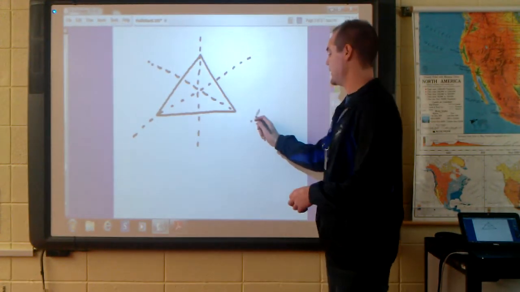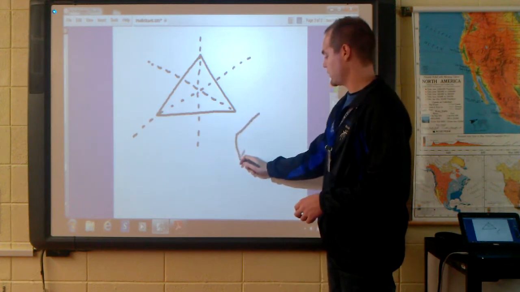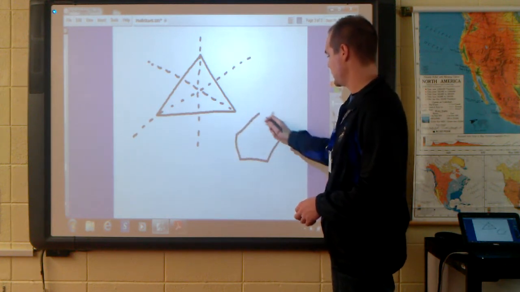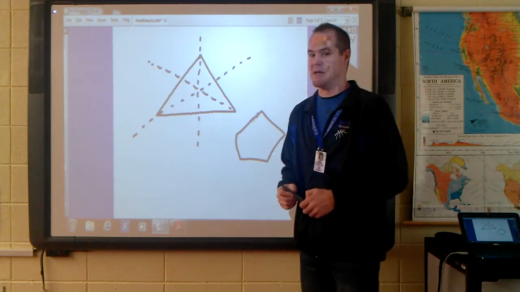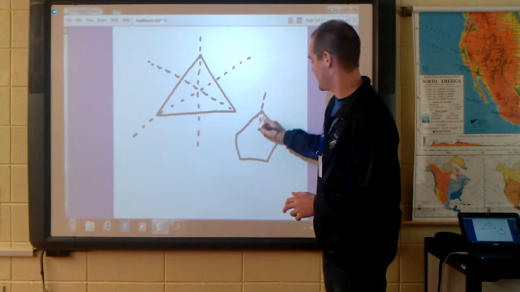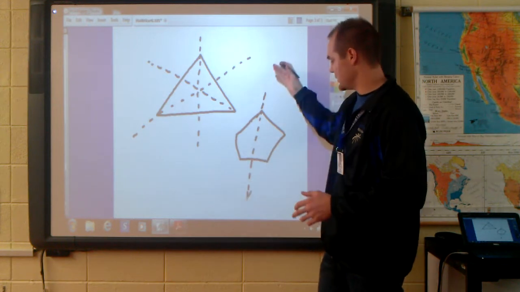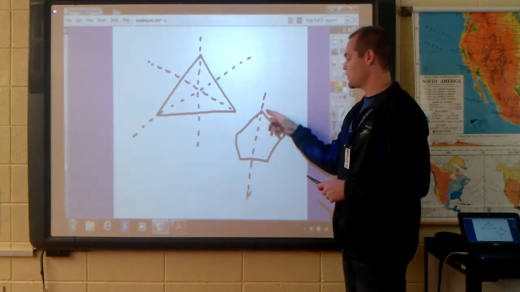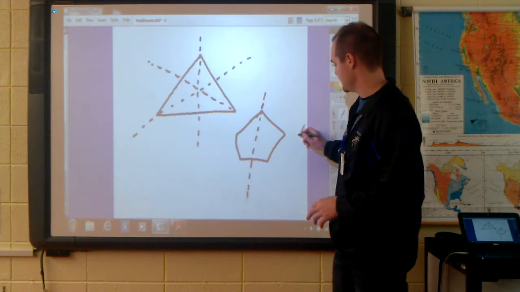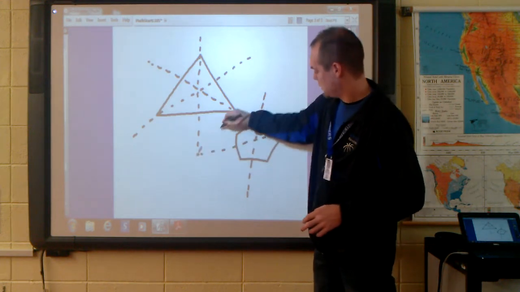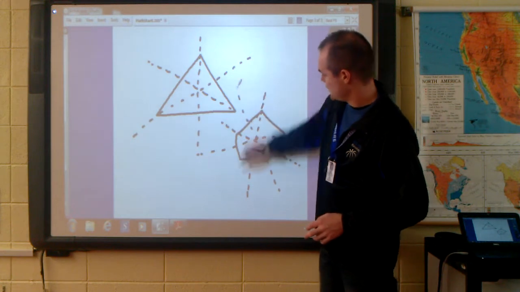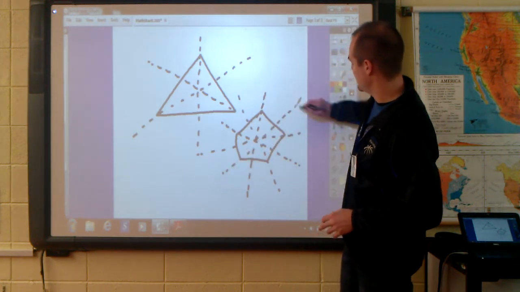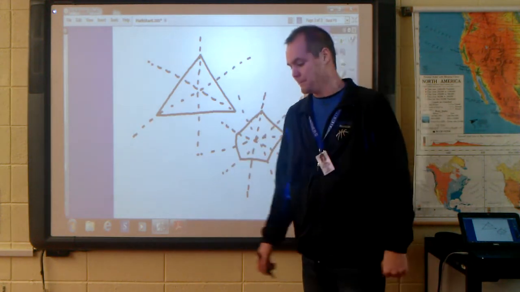A regular pentagon, hopefully you're starting to guess how many lines of symmetry this perfectly drawn regular pentagon has. Again, if you draw a straight line of symmetry through each vertex, you will find that it has 5 lines of symmetry.